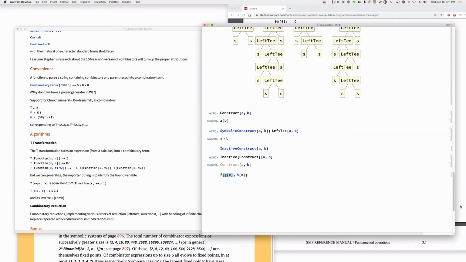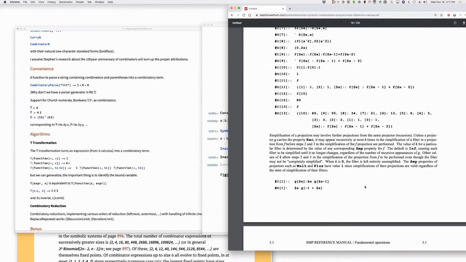Okay, let's look at what I did 40 years ago. I think I had a scheme for dealing with this. I think that's what this K thing is all about. Carries the property rec. It may appear recursively at most K times in the simplification of a filter in this thing before the simplification of the projection is performed.